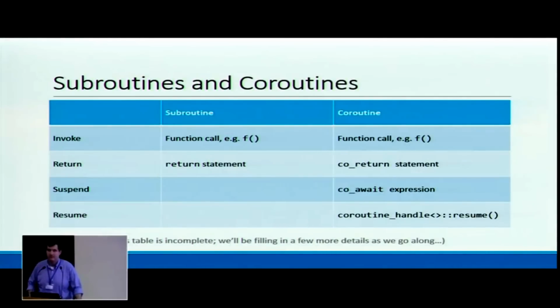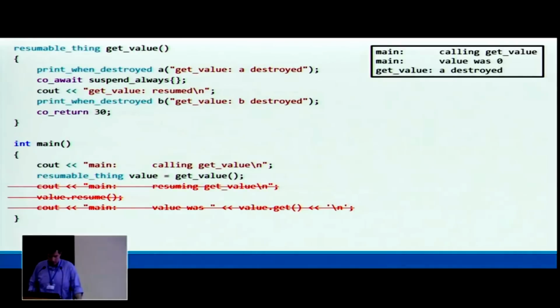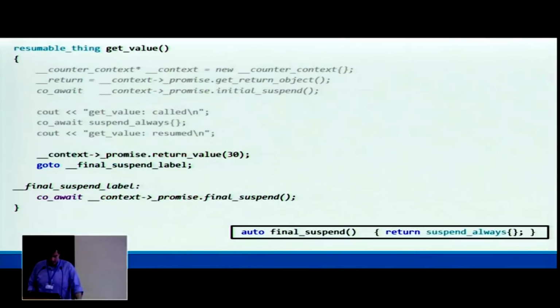Can you go back to the slide with the go-to label? Okay, we have this final suspend label here. We need this because we can have multiple return points. Yes.